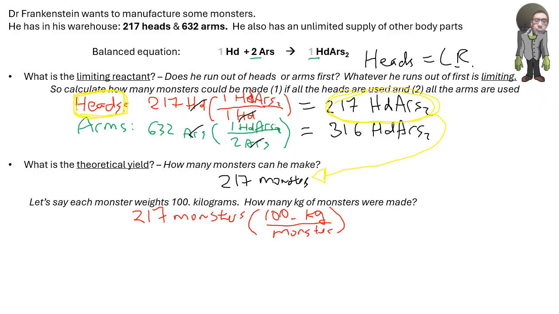Here it's kilograms per monster. The monsters and the monsters cancel, and we get 21700 kilograms of monster. And if we want to do it with the right significant figures, it would be 2.17 times 10 to the 5th kilograms.